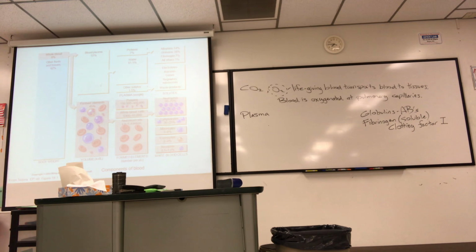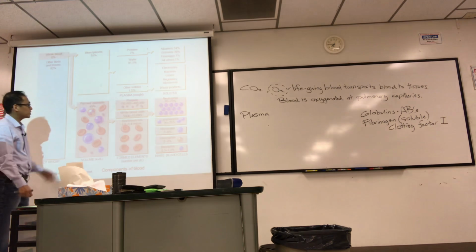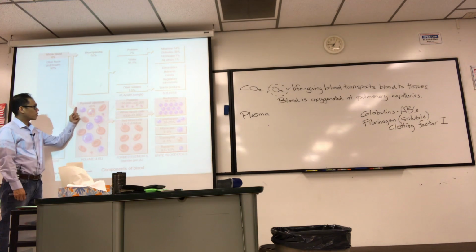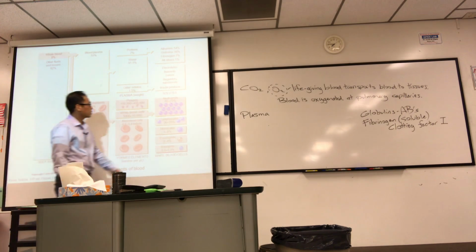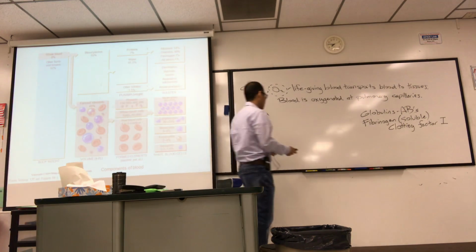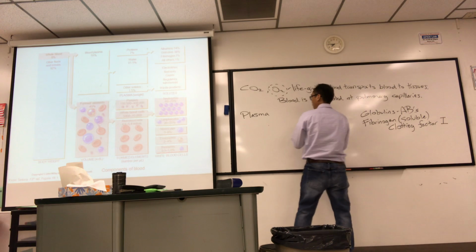Nutrients like carbohydrates, fats, lipoproteins. The things that you may not know are the different kinds of white blood cells, or what they call formed elements. This is the 45%. So you've got plasma, and you have the formed elements.